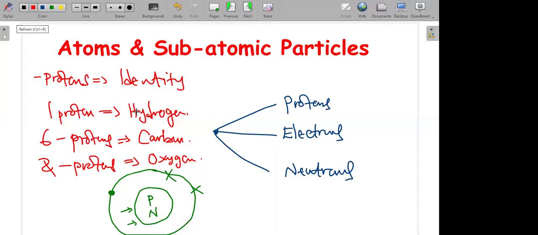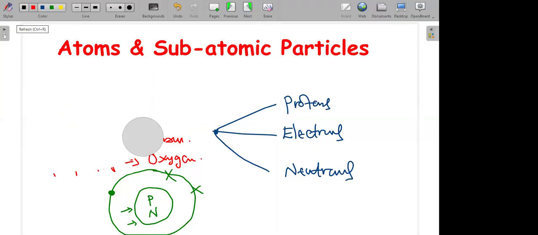Let's talk about the electrons. The electrons, we know that these are the negatively charged particles in the atom. I'll write it here.